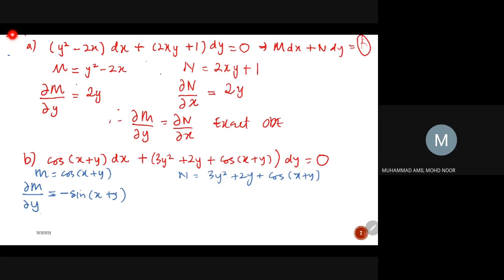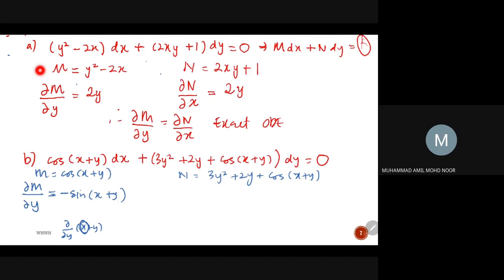Now we differentiate with respect to y. Okay, so maknanya del y of x plus y. Apa you dapat? Differentiate x plus y with respect to y dapat apa? The term x ni dapat apa? Differentiate x?